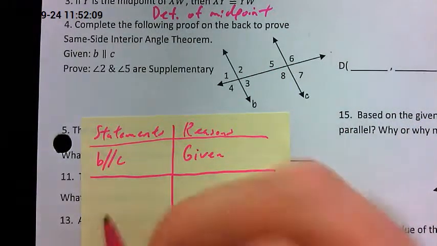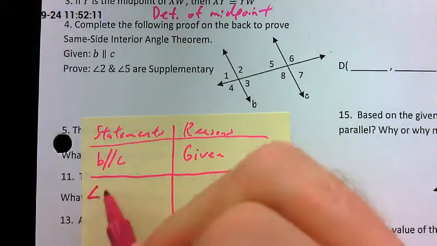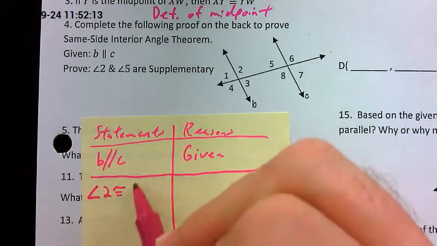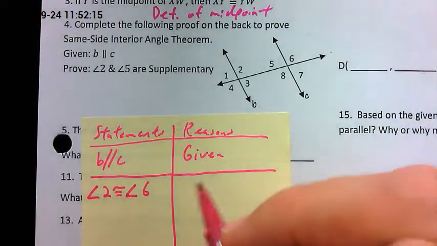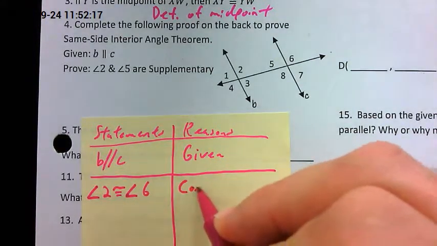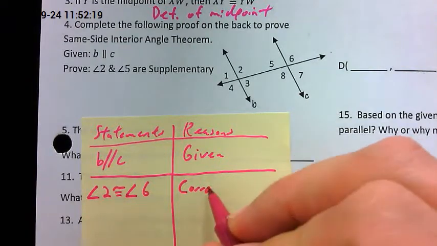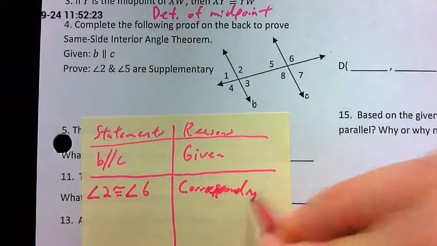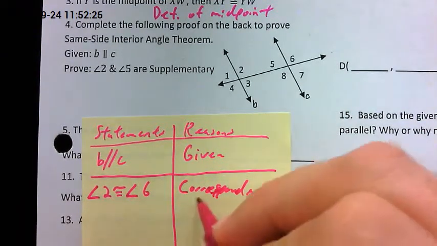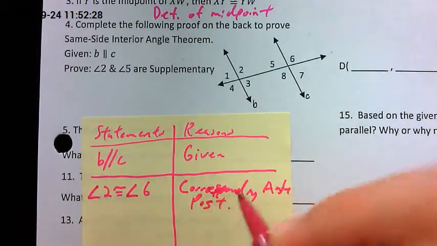Those are corresponding angles, so I know angle 2 is congruent to angle 6 because of the corresponding angle postulate.